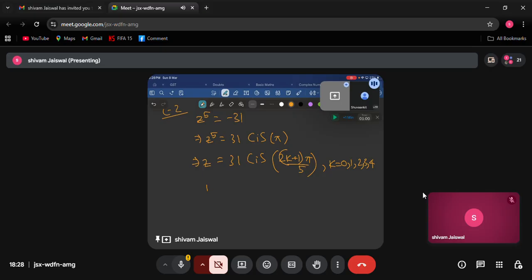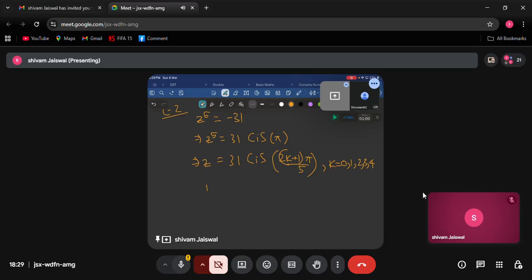Let us start. For k equal to 0, will it have a negative real part? No. K equal to 1? No. K equal to 2? 2 2s are 4 plus 1, 5 pi by 5, which is negative real part. There is minus 31.